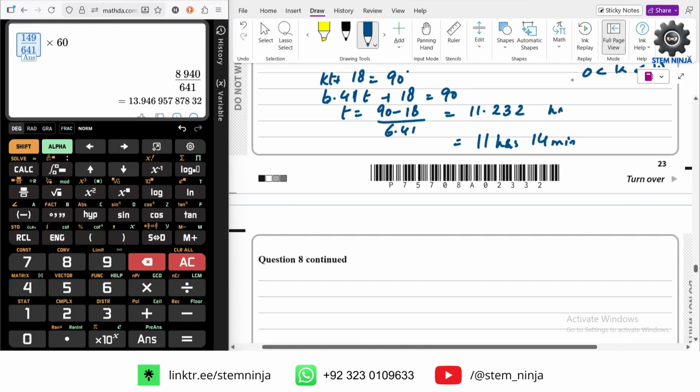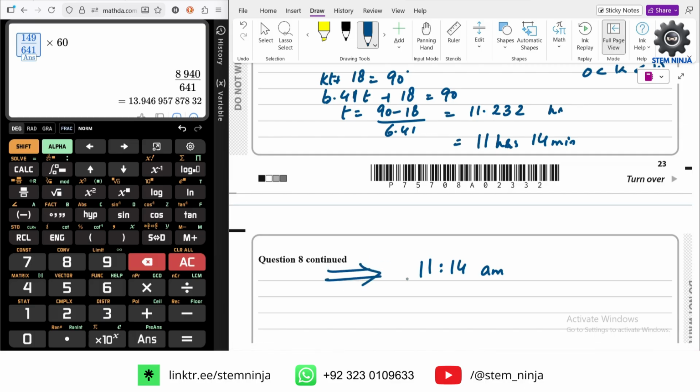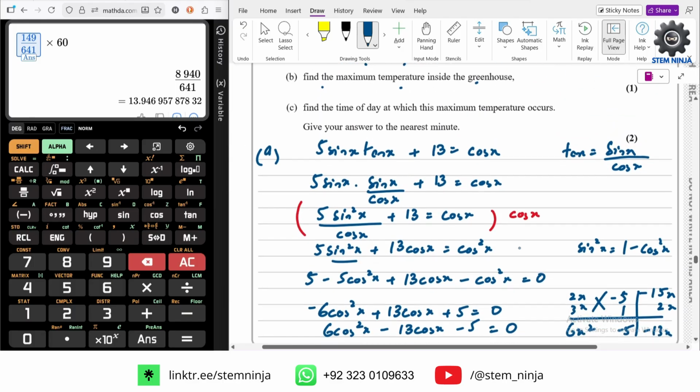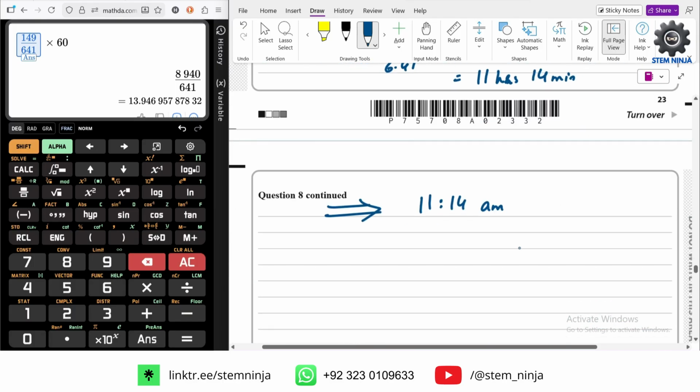So in time, this would represent 11:14 a.m., because the time started from midnight. Okay, now let's move on to the next question.